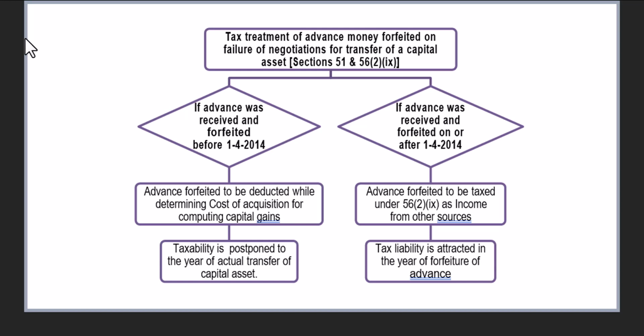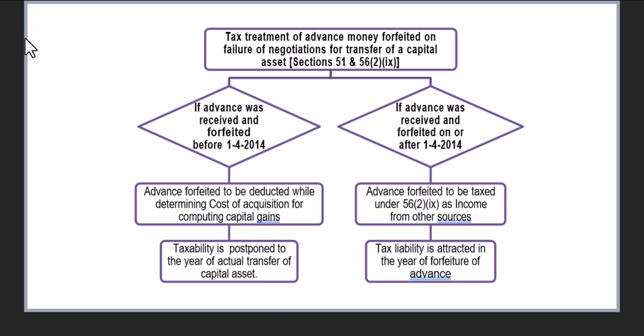Yes, sir. So let me repeat: if you are selling a property, and it happens after 1st April 2014, and you received some advance and the deal doesn't go through and the advance is forfeited, then you have to pay tax in the year of the advance itself. The tax will be under Section 56(2)(9), as income from other sources, which is the fifth head of income.